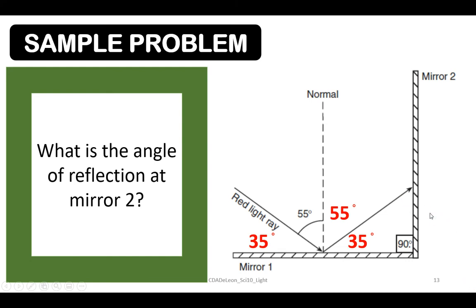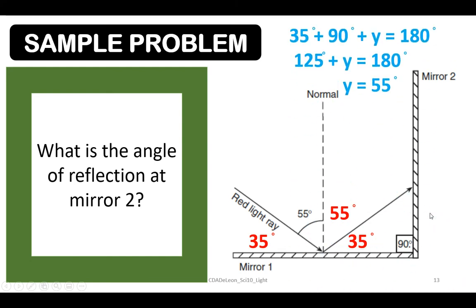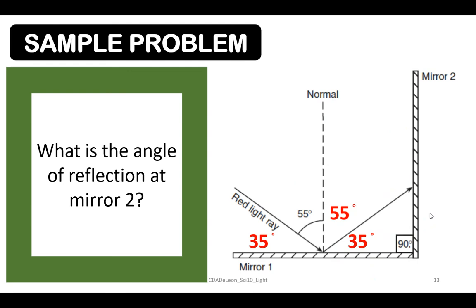So, we have 35 degrees plus 90 degrees, which are already given, plus y equals 180. We combine 35 and 90 para maging 125 plus y equals 180. Now, we subtract both sides by 125. So, 180 minus 125 naging 55. So, the y angle is 55 degrees.